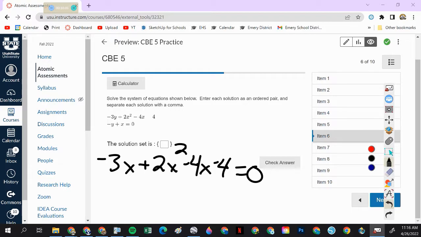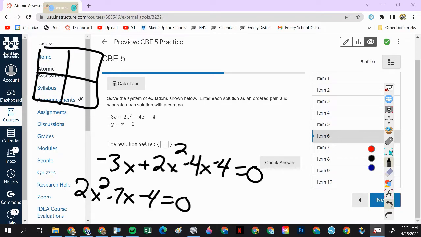Now I have a quadratic. 2x squared minus 7x minus 4 is equal to 0. So I factor. 2x squared and negative 4, multiply those together, we get negative 8x squared. Are there factors of negative 8 that add to be negative 7?